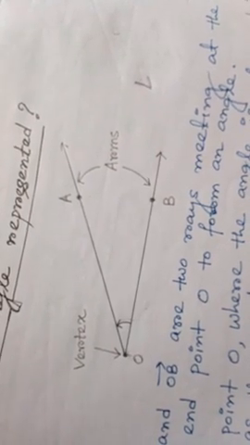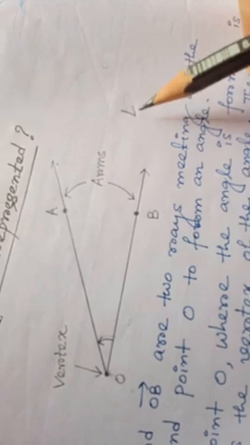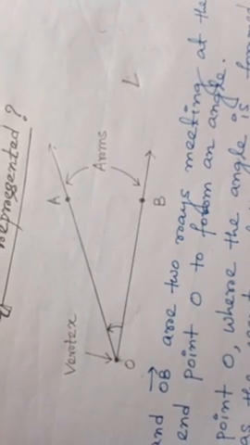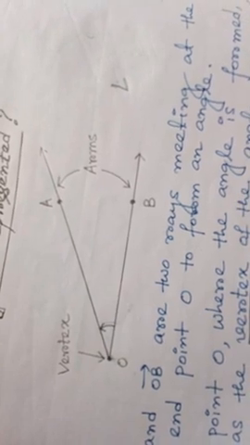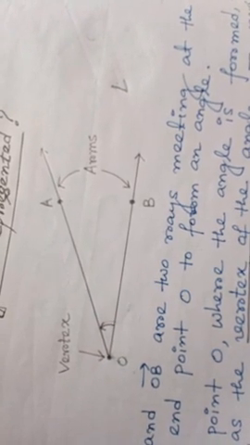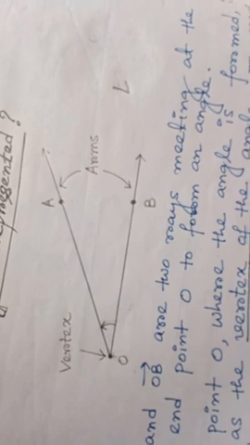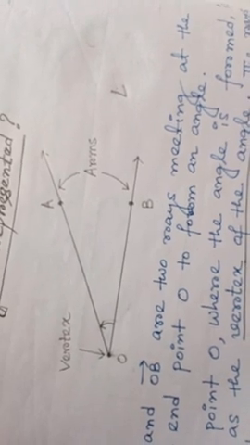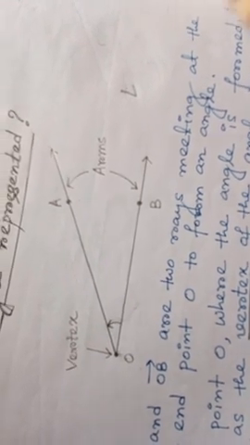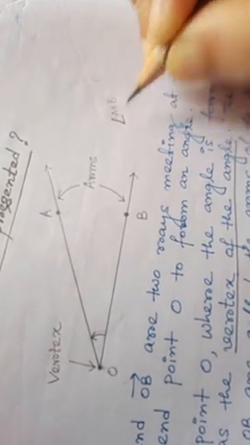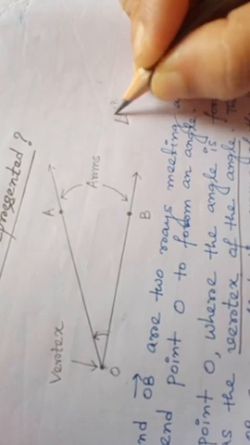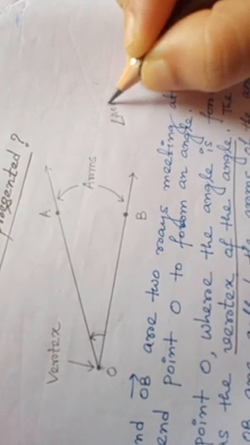So we can use this sign to represent an angle. Now we have to know how to write an angle. If I ask you how to read the angle, here the angle is read as angle AOB. You draw this sign first, then you write A, O and B.